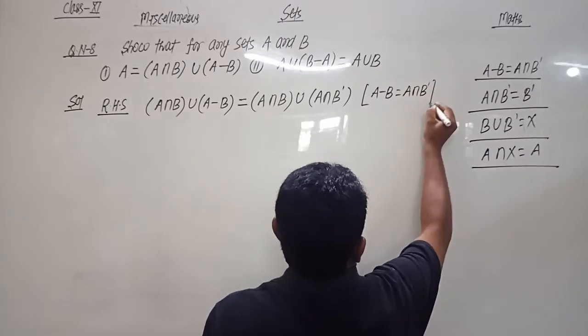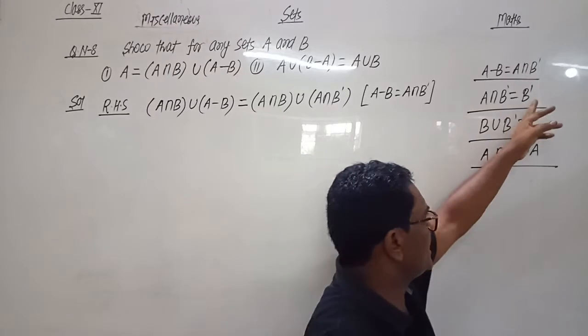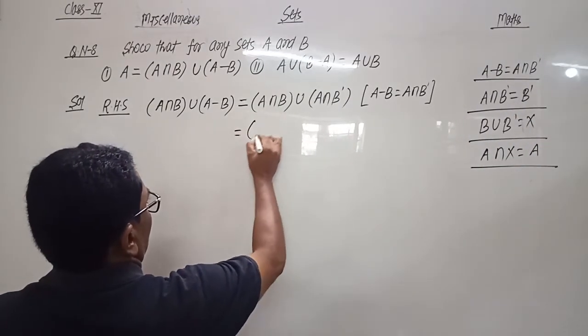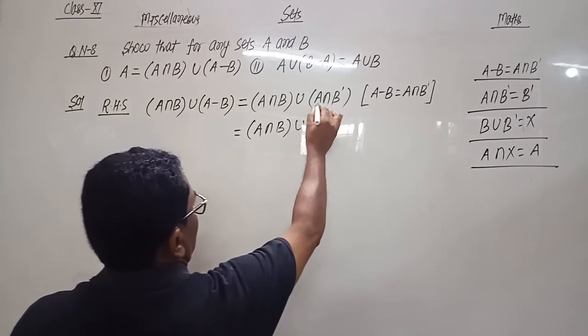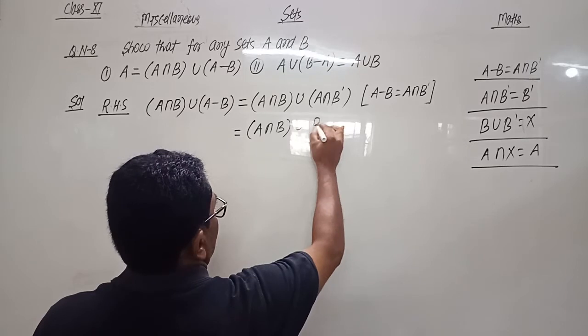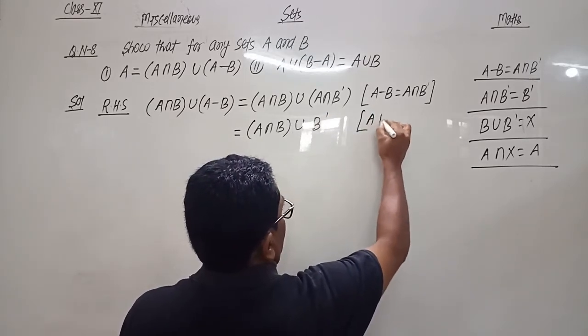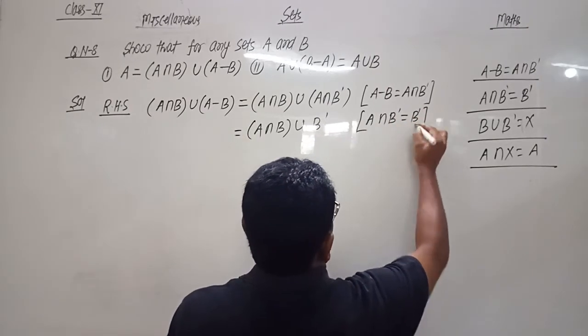This is the derived result. Now the next result we have derived, A intersection B dash is equal to B dash. So we write A intersection B union, and in place of this we write B dash.